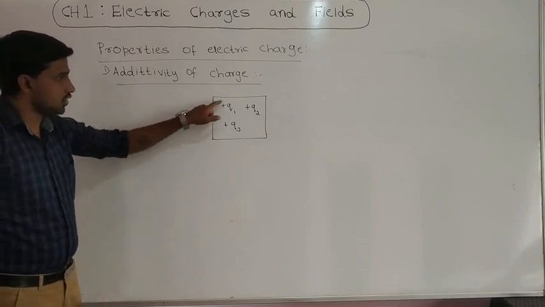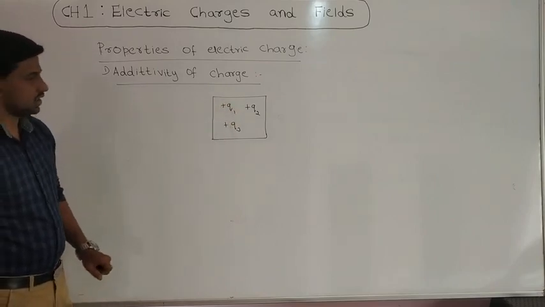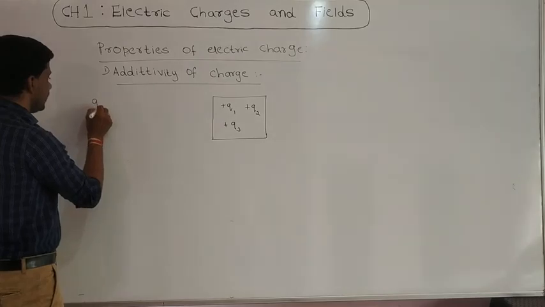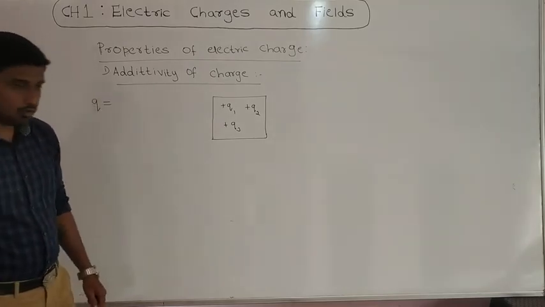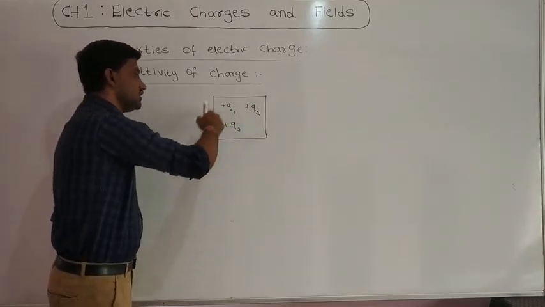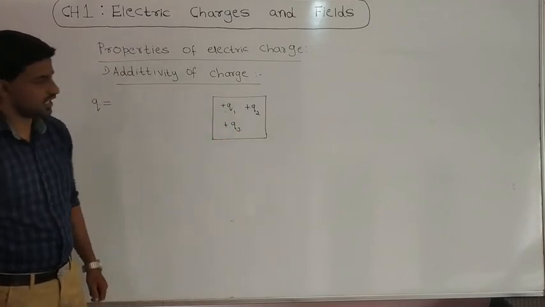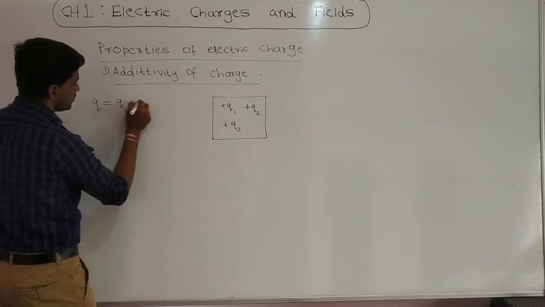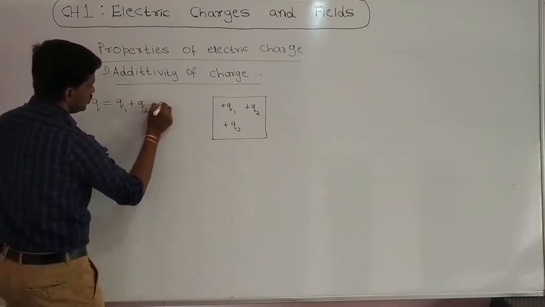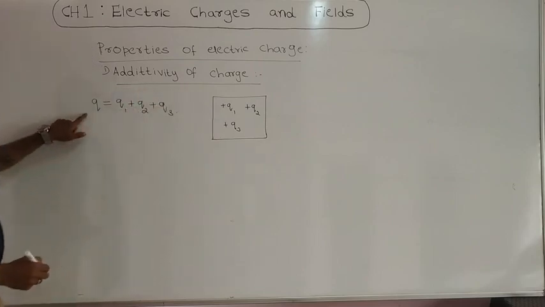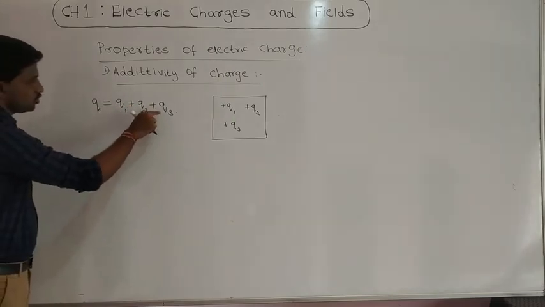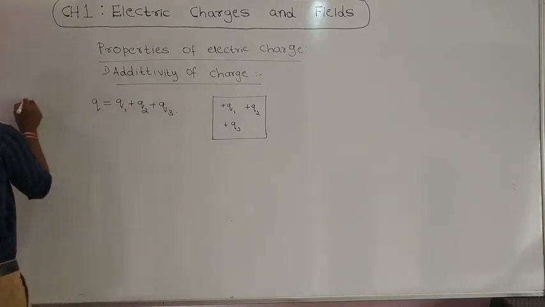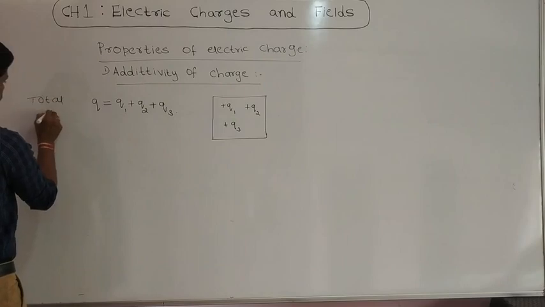To count the total charge in this system, I have to take the algebraic sum of all the charges present on this body. That means I have to add q1 plus q2 plus q3. So the total charge present in that body is equal to q1 plus q2 plus q3.